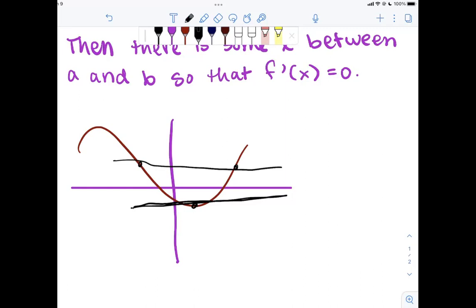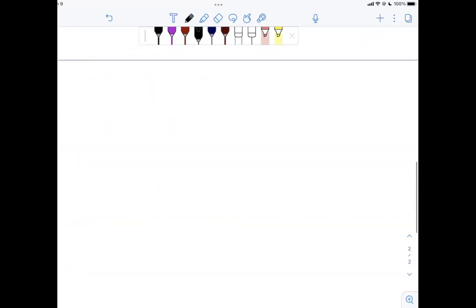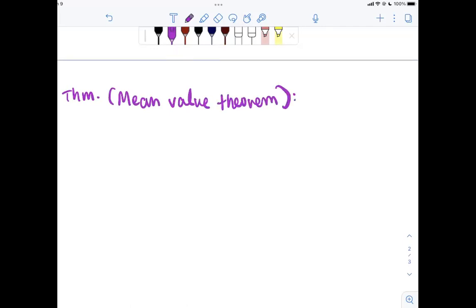Now, we also have the mean value theorem, which is just a slight generalization of this. So let's write this one down as well. So now we have some function, again, f that's differentiable in some interval ab. But now f of b and f of a do not have to be the same.